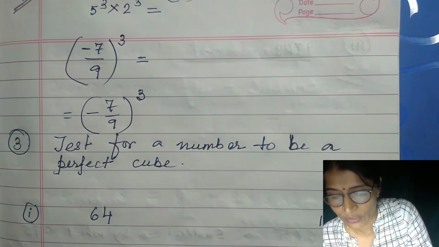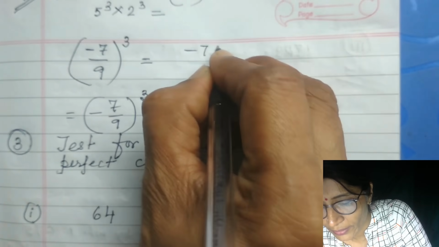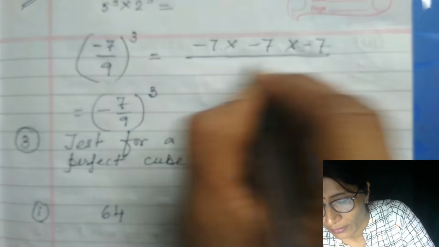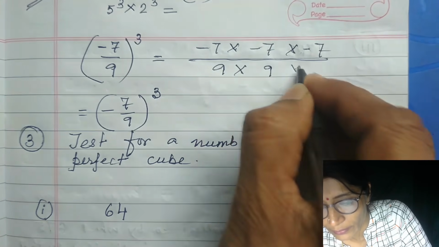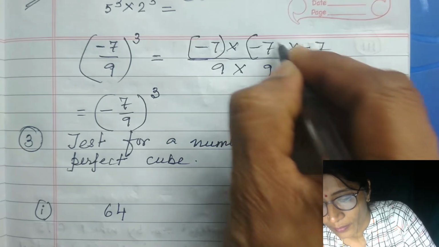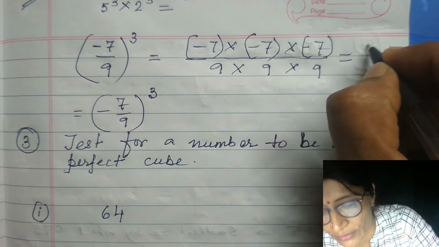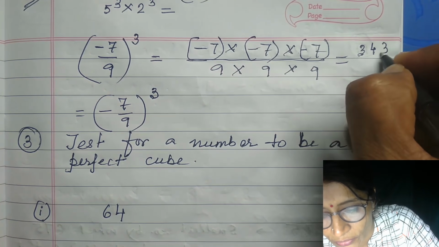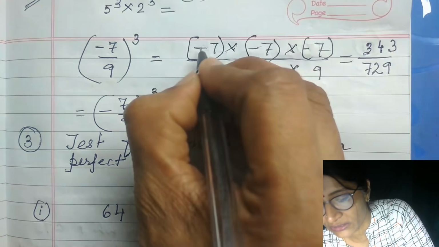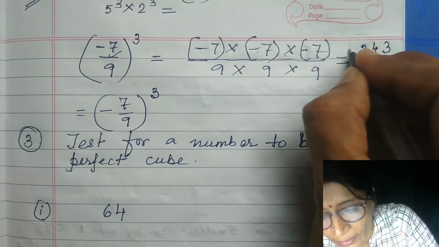You can think about it this way: minus 7 by 9 whole cube is minus 7 into minus 7 into minus 7 divided by 9 into 9 into 9. Minus 7 into minus 7 into minus 7 has the value 343, and 9 whole cube is this one. But since it is a negative number, I know it will be negative.